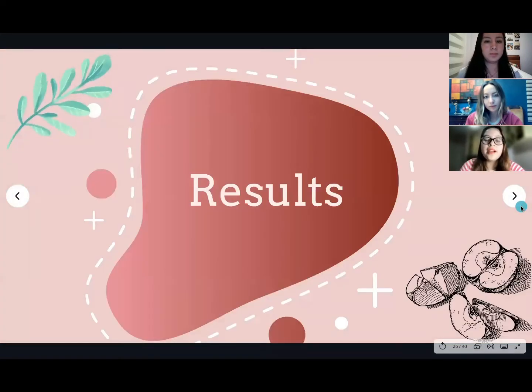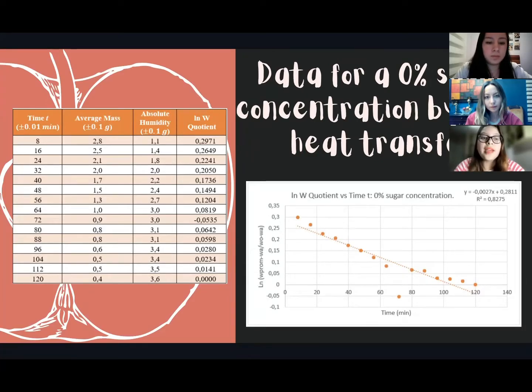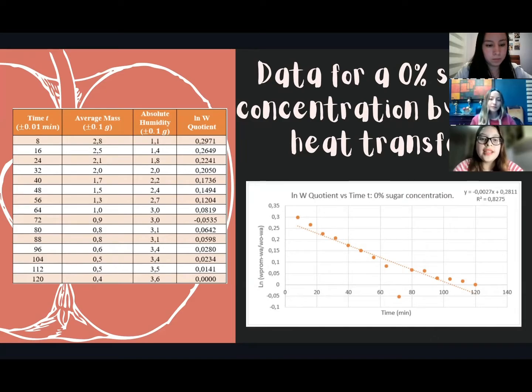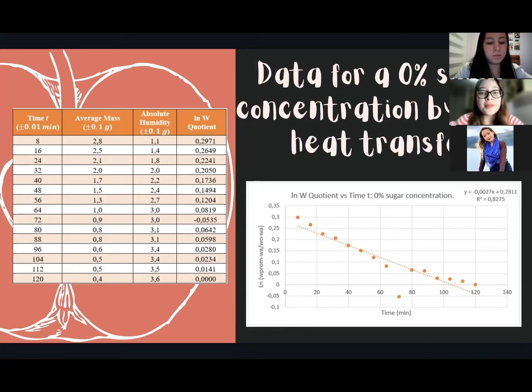So we have here the results, first the data for 0% sugar concentration by oven heat transfer. We have this table and this graphic, and based on the graphic, it can be observed that it has a linear trend with a correlation value of 0.8275, which despite not being so close to 1, also does not go so far.